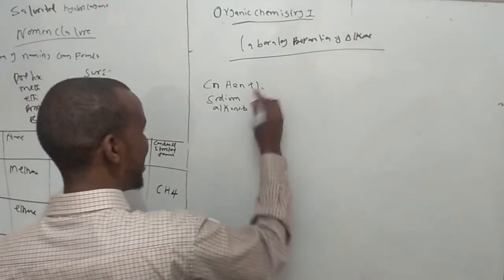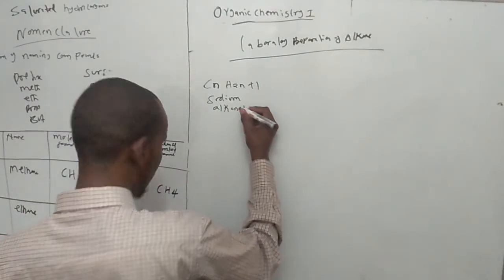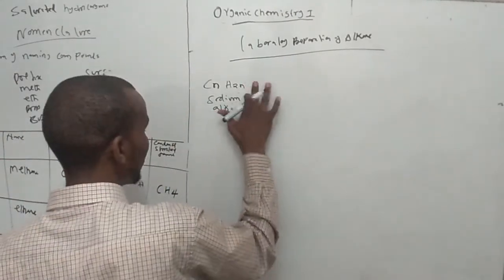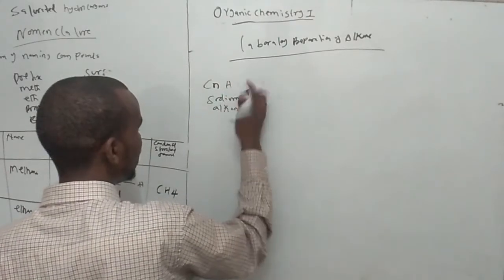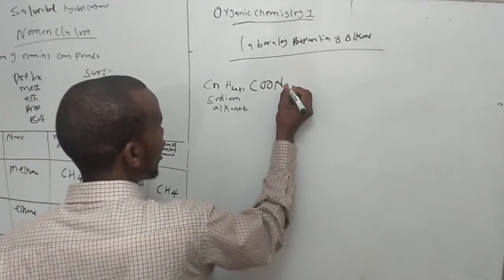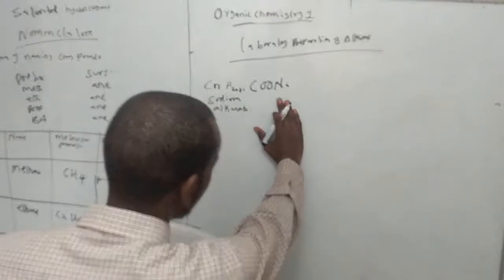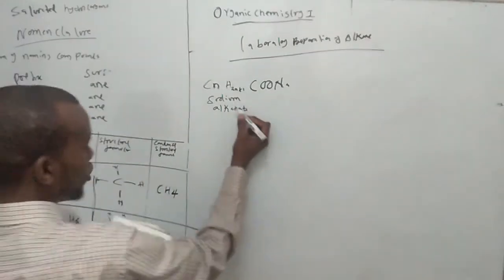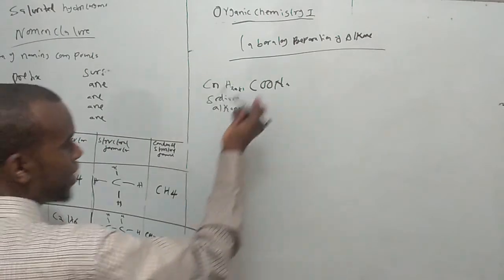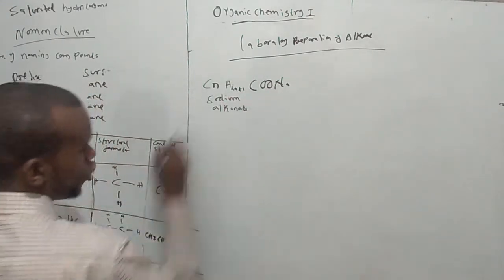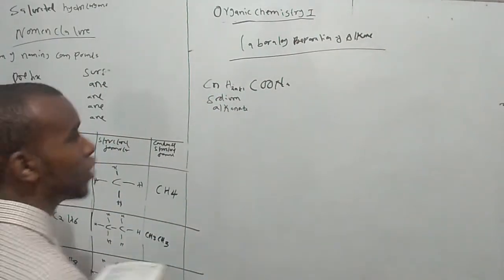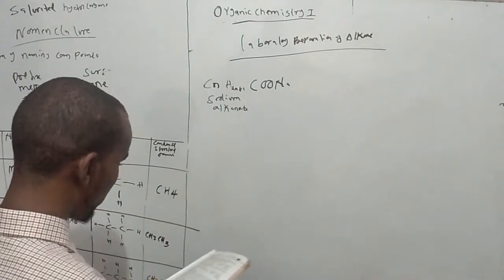Remember all the alkanoic compounds have the suffix COO. Since it is sodium alkanoate, we can take any: if it was ethanoate, it will be sodium ethanoate. If it was propane, sodium propanoate. Now I'm talking about the general preparation of alkane gas.